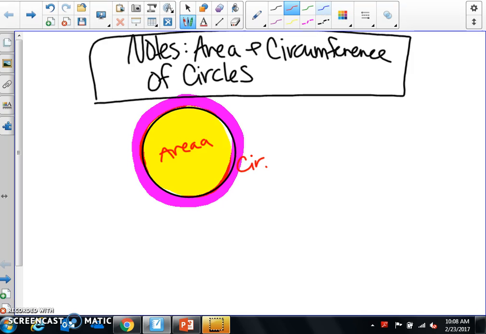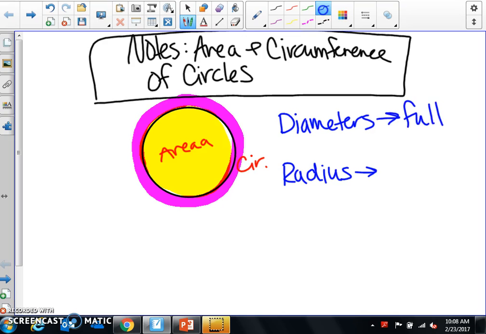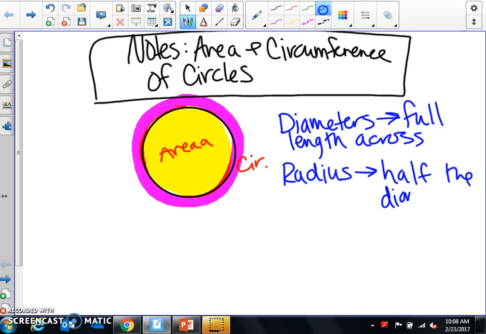Here's another thing that you got to know about circles. Circles have diameters and radii. Okay, so the diameter is the full length across the circle. And then the radius is half the distance. So, when we find the radius, if they give us the diameter, we're just going to cut it in half, okay?